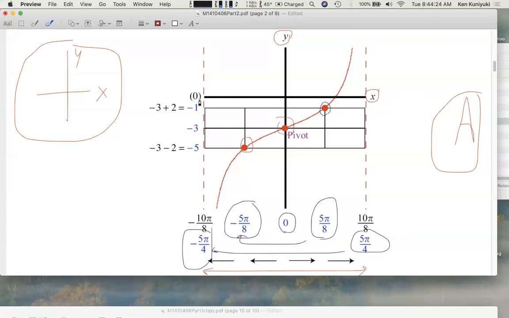The x-axis has equation y equals 0. The y-axis has equation x equals 0. Now again, for all tangent graphs, I'm going to put the pivot at the center.